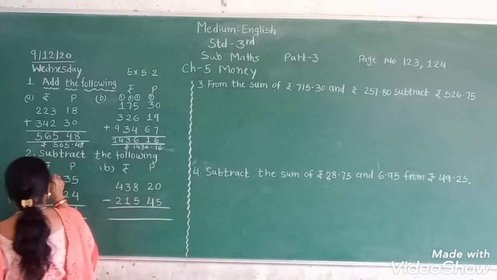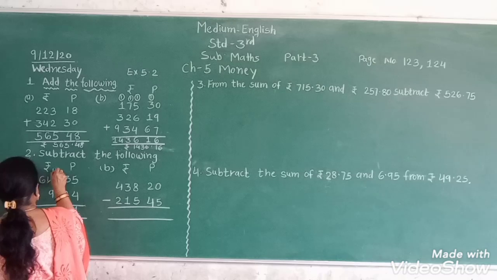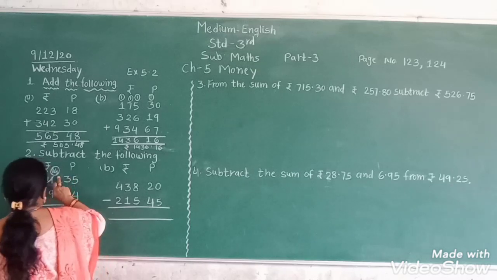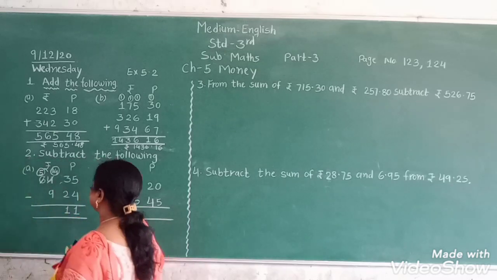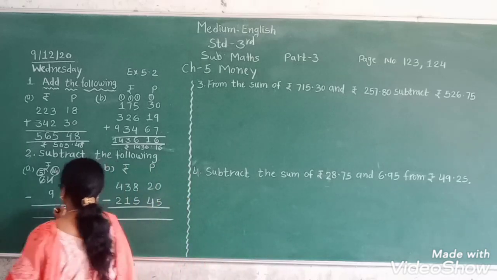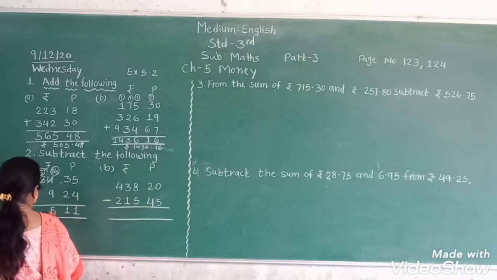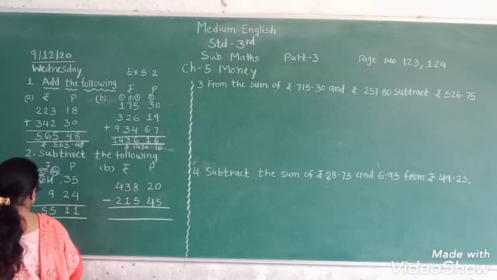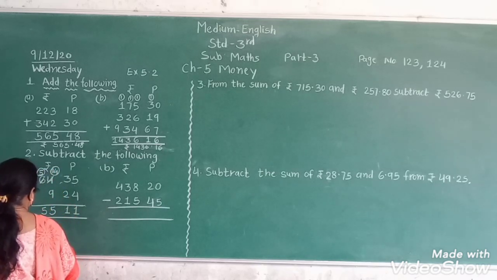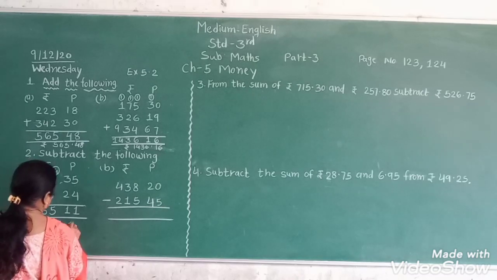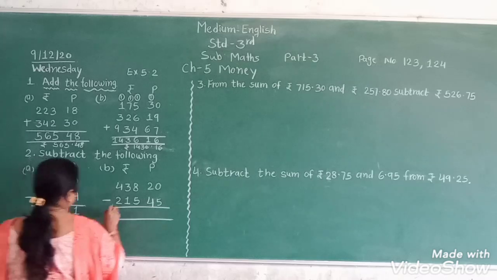So, we take borrow 14 and here 5. Okay, 14 minus 9, 5, and 5 we write here downside. Now downside write rupees 55 and 11 paise.